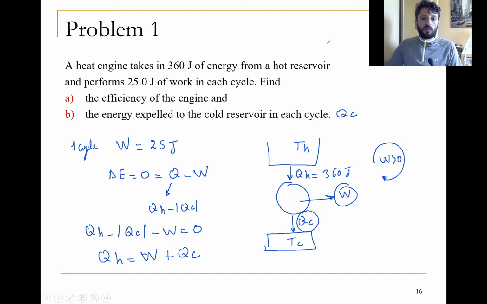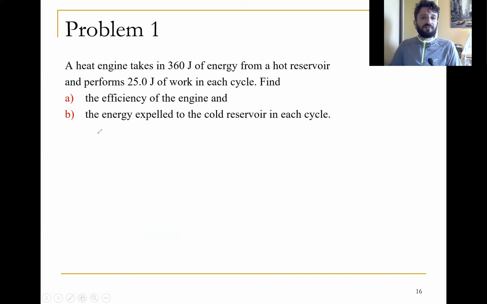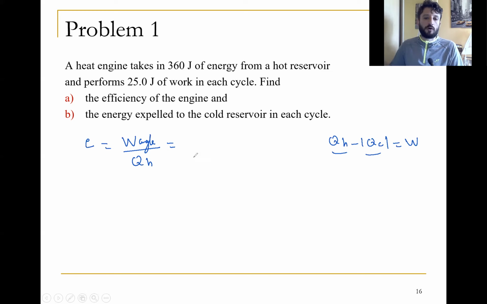Now I want to find the efficiency. The efficiency of a normal cycle equals omega of the cycle divided by Q hot, and omega equals Q hot minus Q cold.